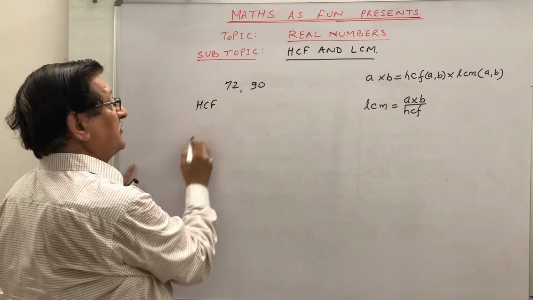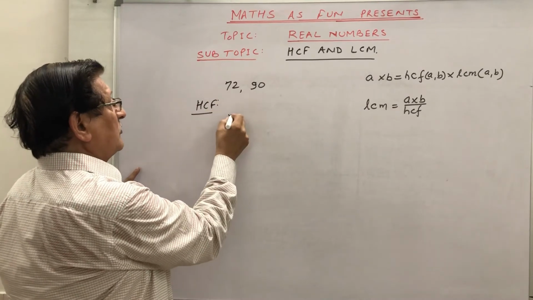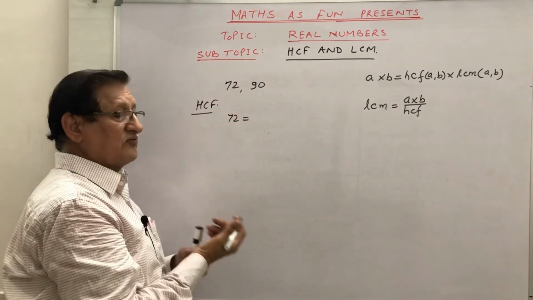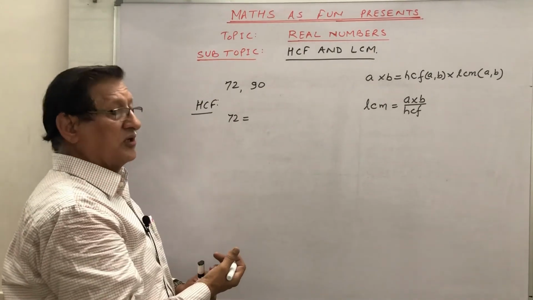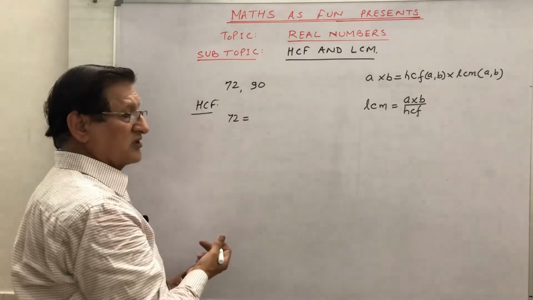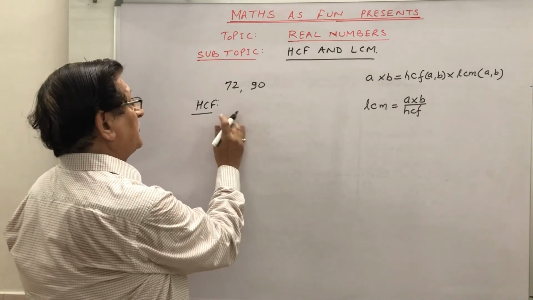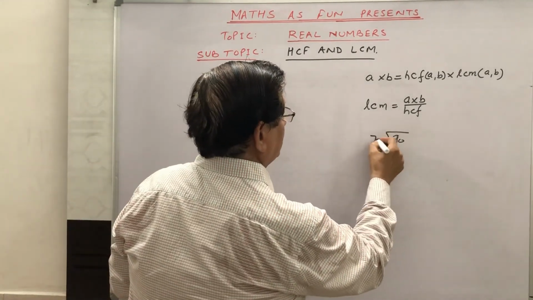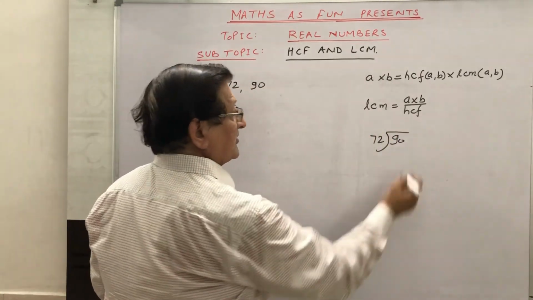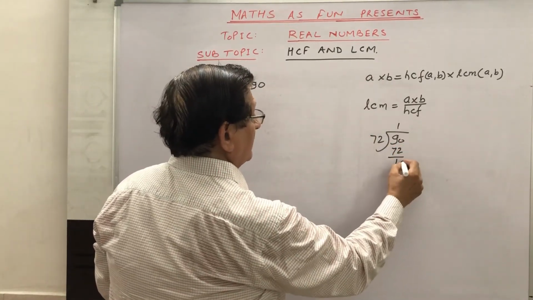For HCF we go for the factors of 72 in case we want to go for factorization. Or suppose we are learning about Euclid's lemma, then we can do it by Euclid's method also. By Euclid's method, you divide 90 by 72. 72 ones are 72 and you are left with 18.